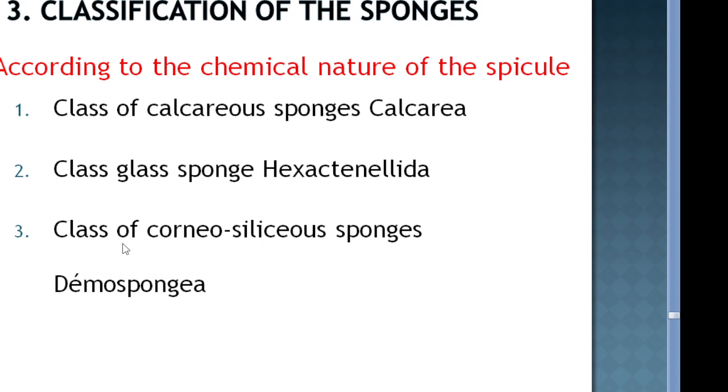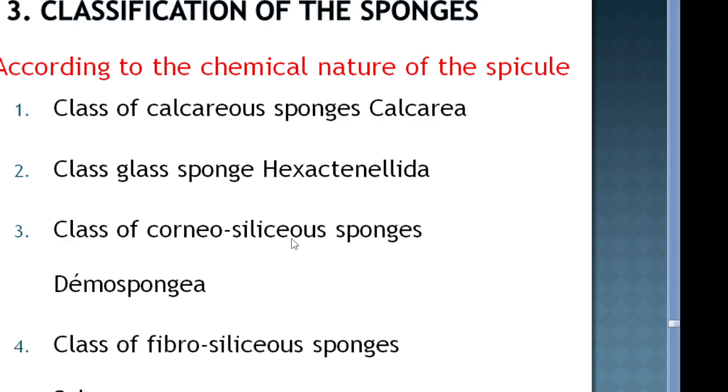In the class of corneosiliceous sponges, also called demospongia, the spicule is made of horn with silica. And number four, fibrosiliceous sponges or sclerospongia, here the spicule is made of fiber with silica.